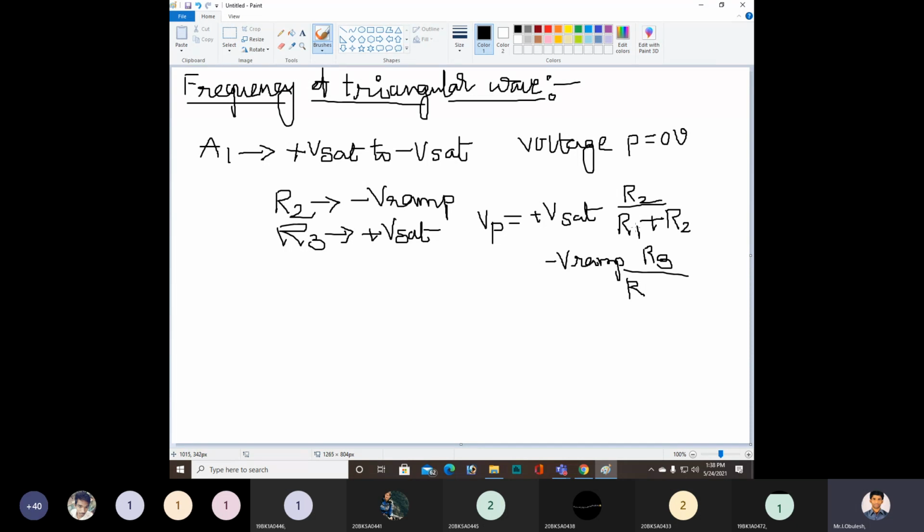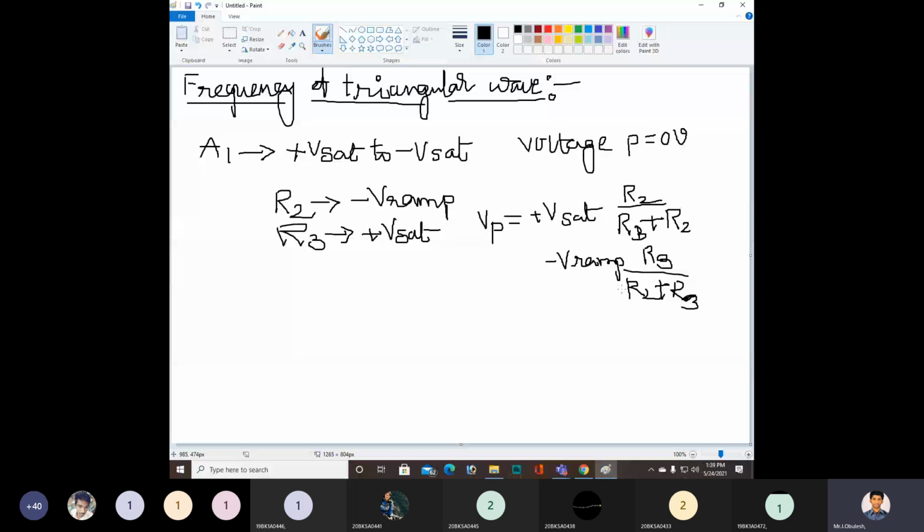Sorry, here this is R3, R2, R3, right? So at point P, Vp equals plus V saturation times R2 by R3 plus R2, minus V ramp times R3 by R2 plus R3.